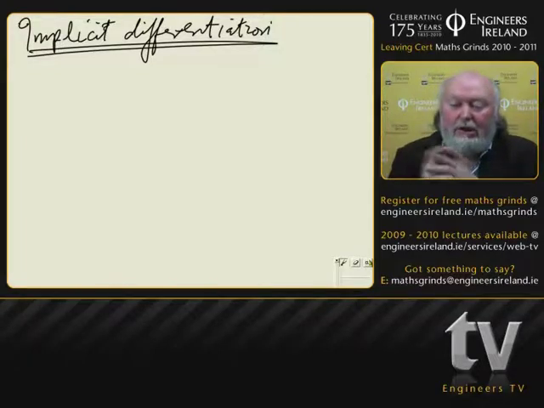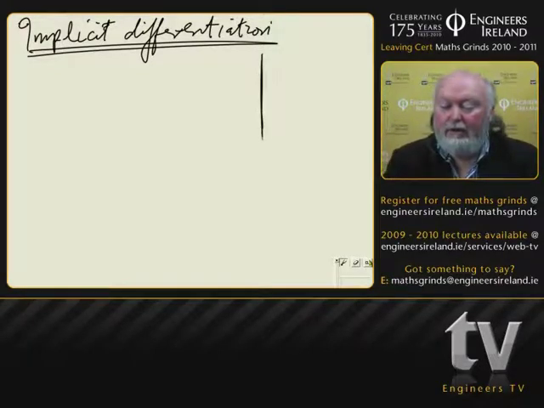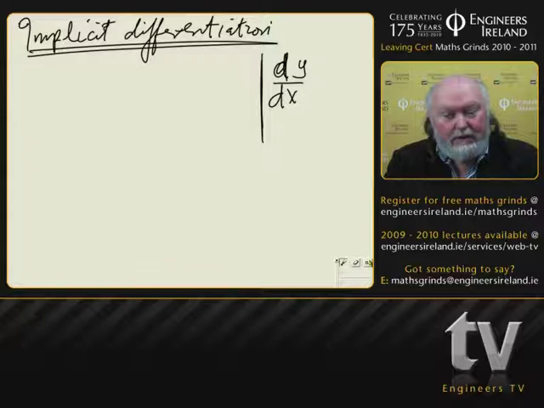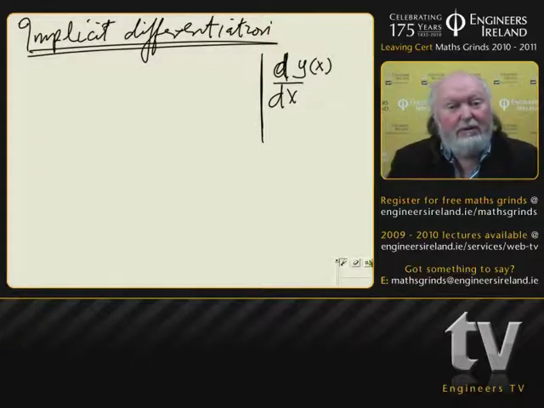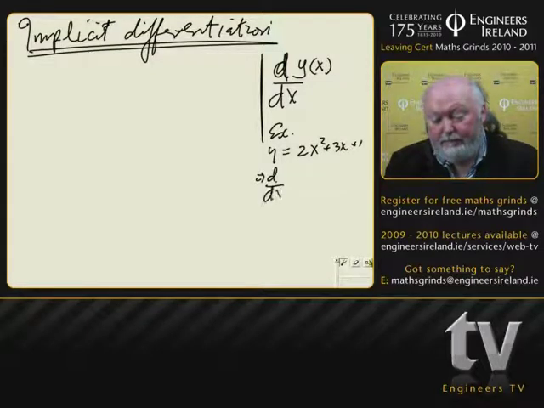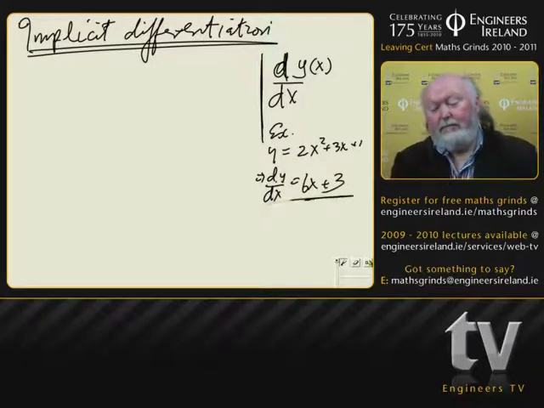What we are clear about is that the d/dx of y, we can only work out when we know that y, or what it is in terms of x. So, example, that we can do.